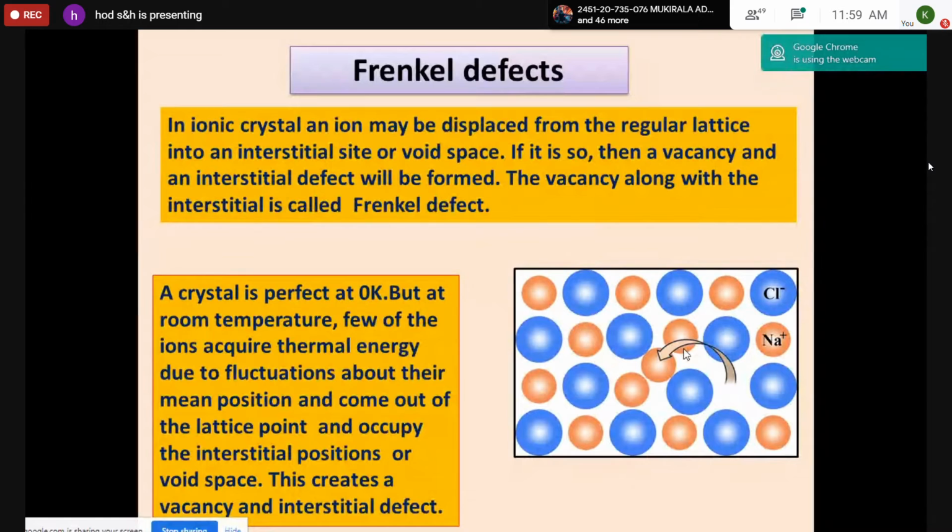Now you should calculate or derive an expression for the equilibrium concentration of Frenkel defects in ionic crystals. Please note down.